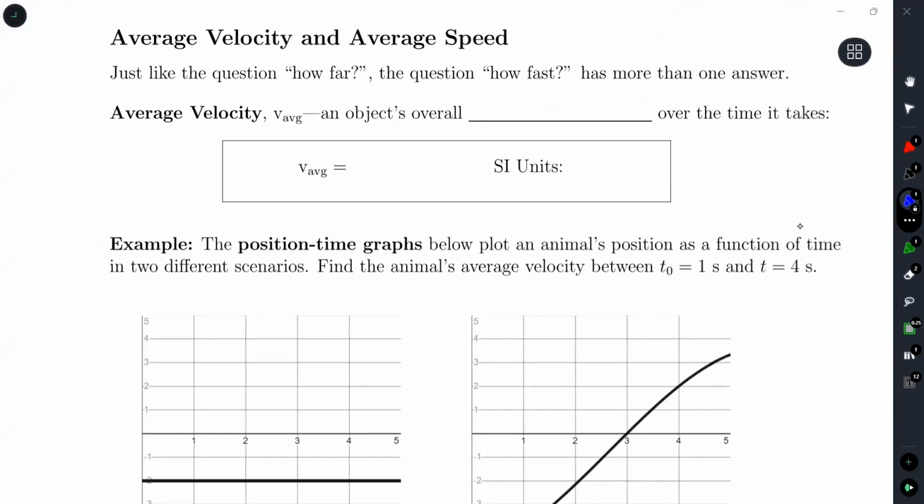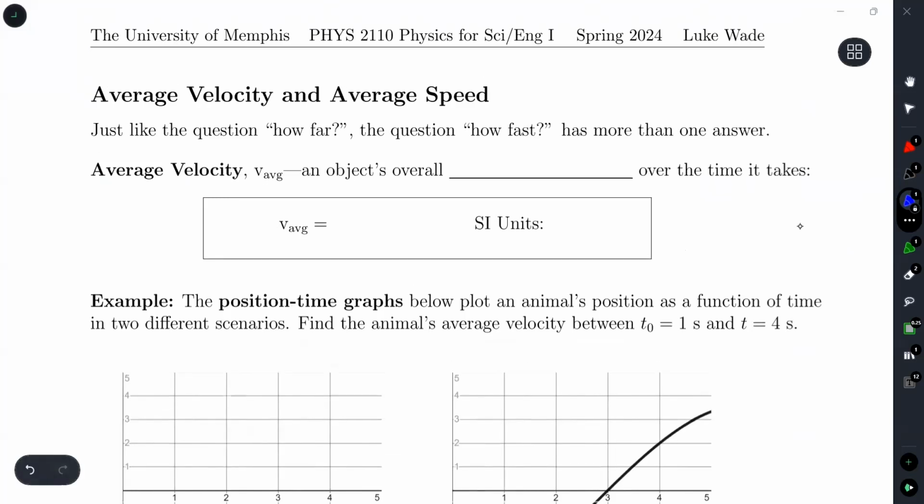Okay, so we've seen that how far has at least two answers. You could talk about the distance traveled or your displacement. So how far you went or your overall change in position, and those can be two different things. How fast can also mean different things. In fact, it has about 4 answers at least. Start with average velocity.